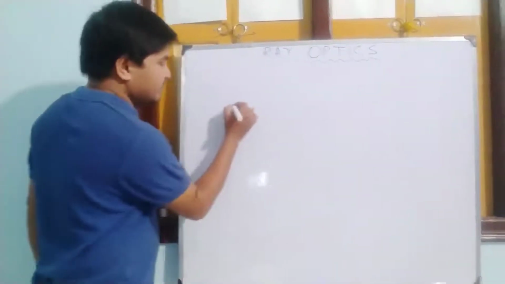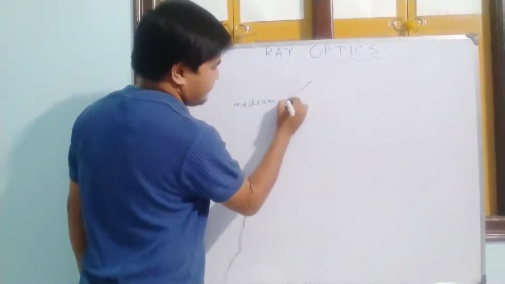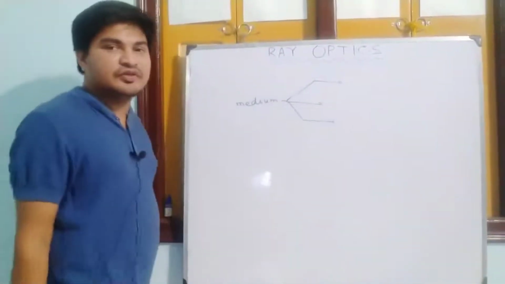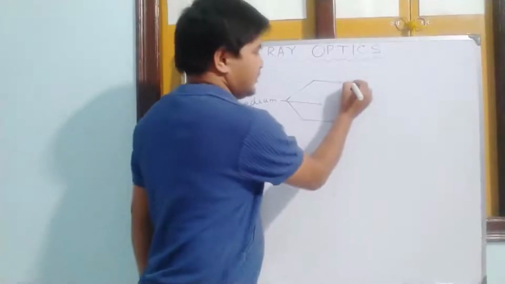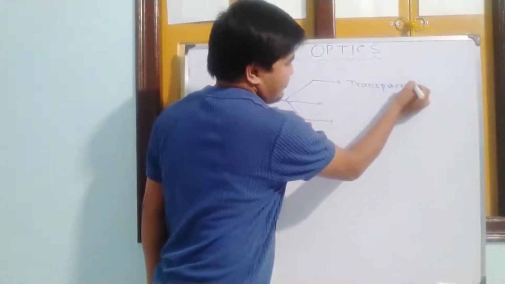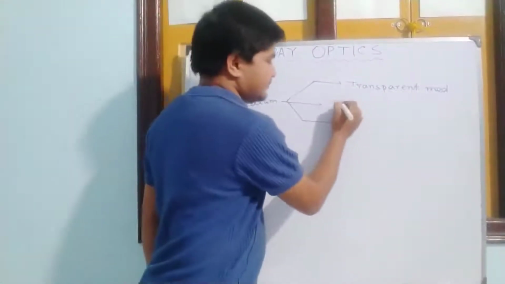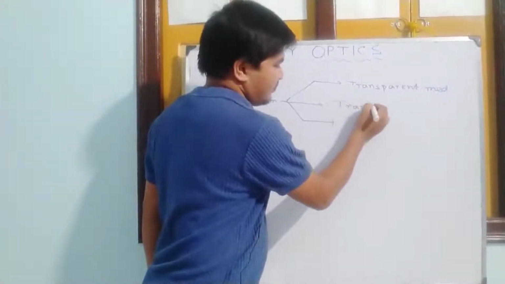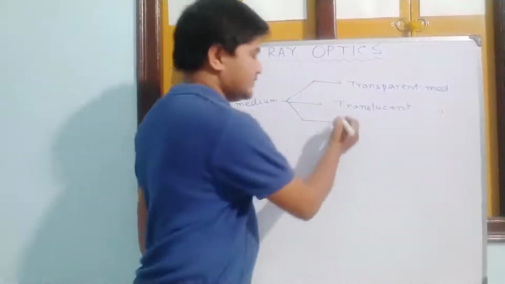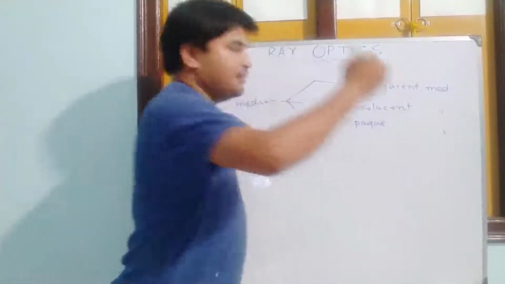So mediums are classified into three different parts: transparent medium, translucent medium, and opaque medium.